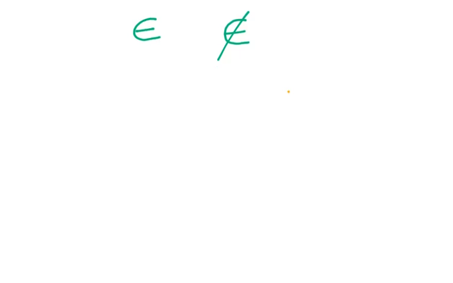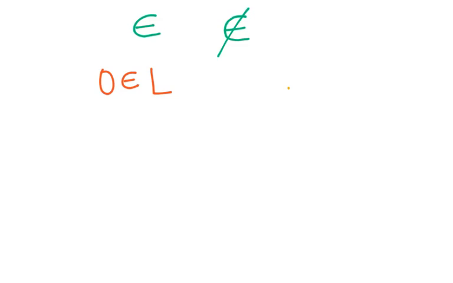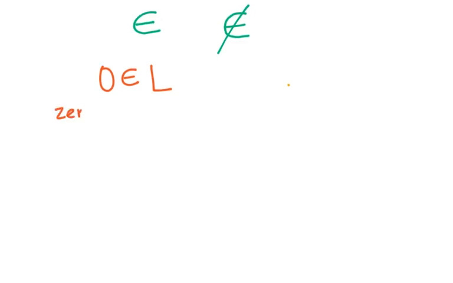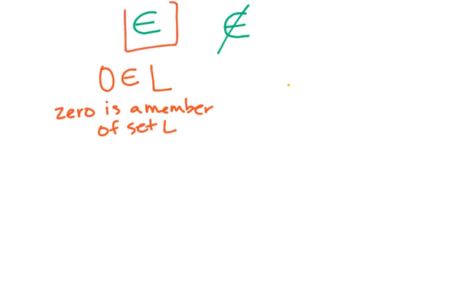We use these symbols to designate that a particular symbol or number is a member of a given set or is not a member of a given set. So for example, if you see 0 and then this symbol and then an L, what it's saying is 0 is a member of set L. So this symbol shows it's part of the membership of that set.